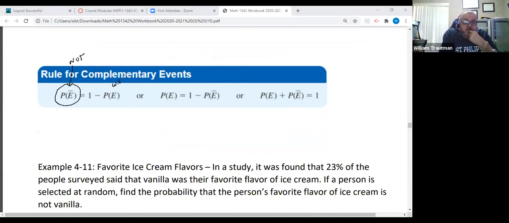The probability that the event will happen is 1 minus the probability that it will not happen. If you add up the event and its complement, they always add up to 1. So we need to remember that they have to add up to 1.